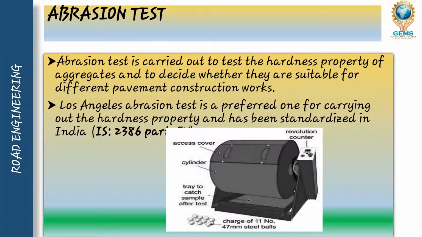Abrasion test is carried out to test the hardness properties of aggregate and to decide whether they are suitable for different pavement construction work. Los Angeles abrasion test is the preferred one for carrying out the hardness property and has been standardized in India, and this abrasion test is used for checking the aggregate hardness. Let us see in detail.